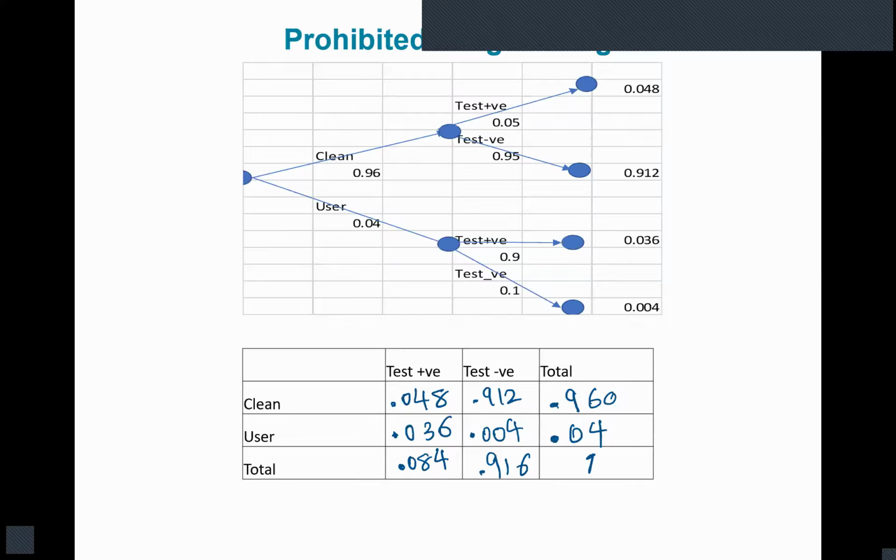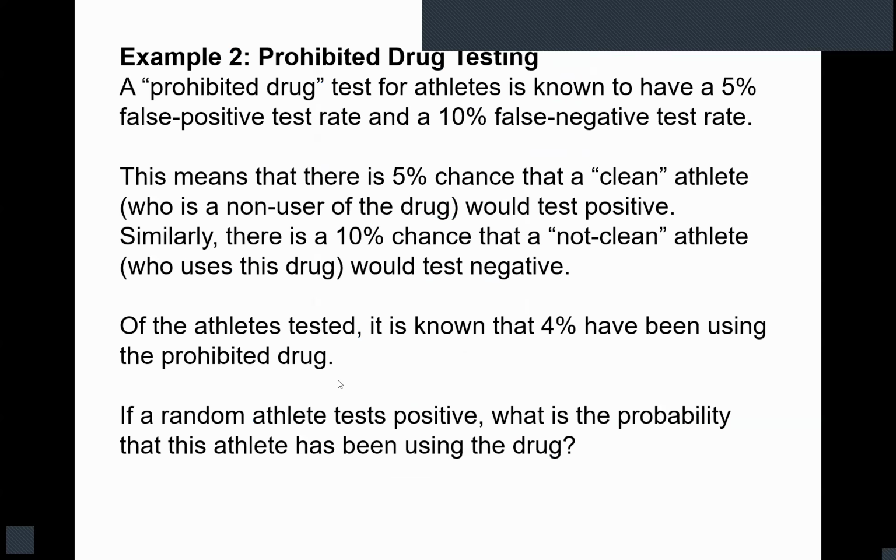Okay, so now we know the probability of people testing positive. This is what we wanted to compute: the probability that an athlete has been using the drug given they test positive.